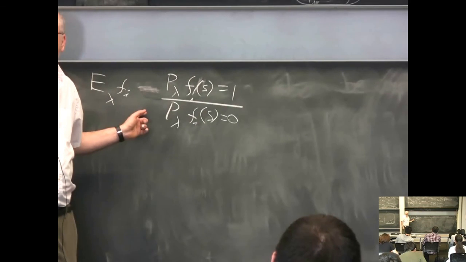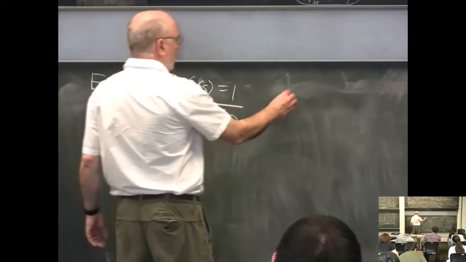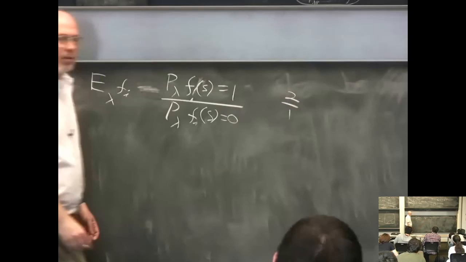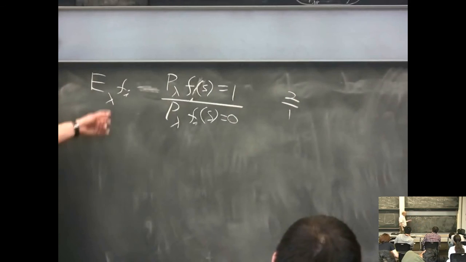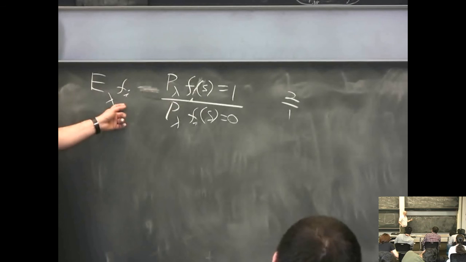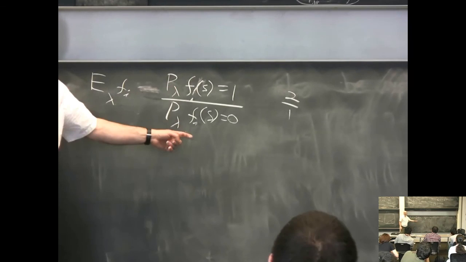If I know this ratio, I know the expected value of Fi. Is that clear why? Let's say this ratio, for example, was 2 to 1. Then the expected value of the feature was 2/3. Does it make sense? Okay. So knowing this ratio is enough.